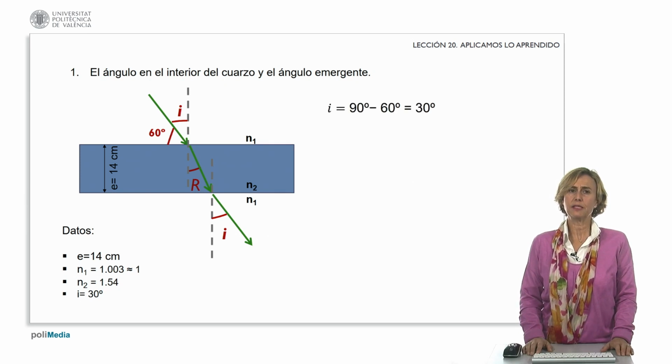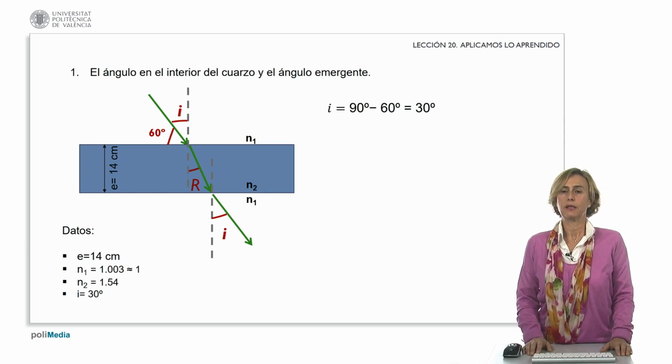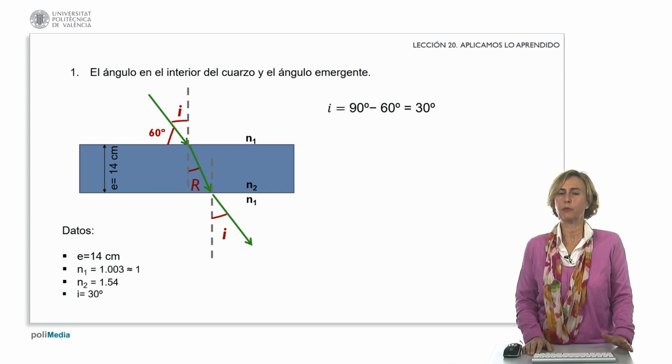The angle of incidence is the angle formed by the incident ray with the normal to the surface at the point of contact, and therefore the angle of incidence is 30 degrees. It must be taken into account that the refractive index of air is not exactly 1, but 1.0003, as indicated by the slide. Anyway, for this problem, we can approximate this value to 1.